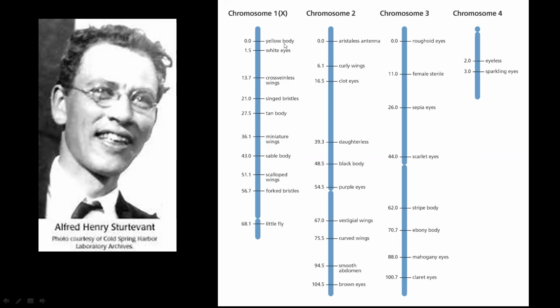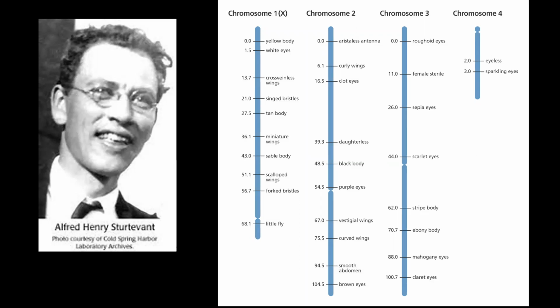Now you tell me, will the genes be close if recombination is more, or do they have to be far? If they are close, will they separate? For example, yellow body and white eye: the genes were close to each other.